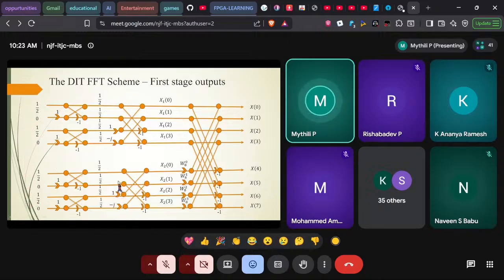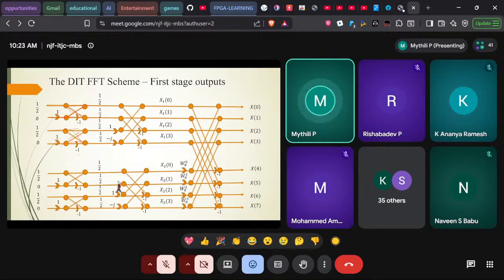Now you can see here, how did I get these values here? This is half plus 0, which is half. Okay. Then the lower half is half minus 0, which is again half. So I get similar values here. Half plus 0, half, half minus 0, half. So the lower half is also the same way.